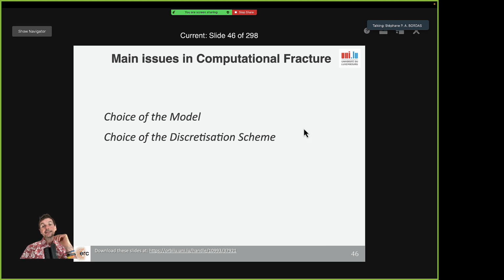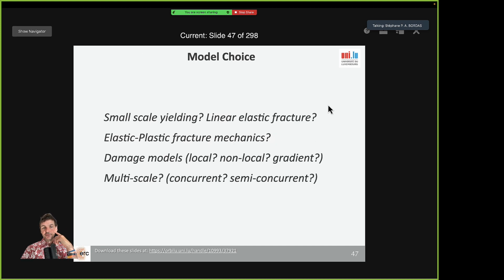Okay, so what are the most pressing issues in computational fractures? So first of all, we need to figure out what the model choices are. Why? Because as we know, we could discuss small-scale yielding, meaning that the fractures are relatively small, and the damage or plastic size is very small compared to the crack size.